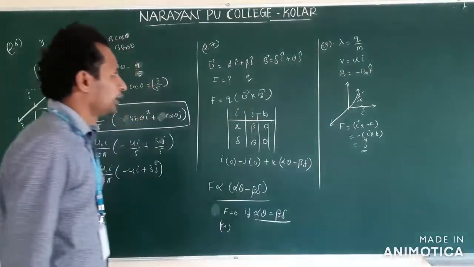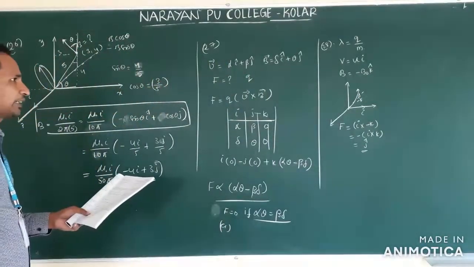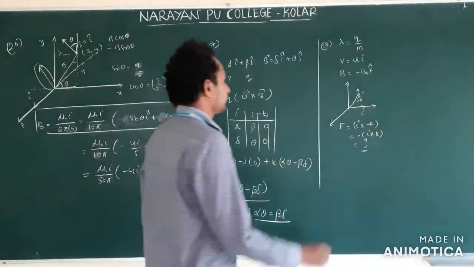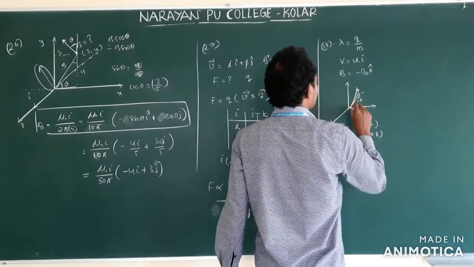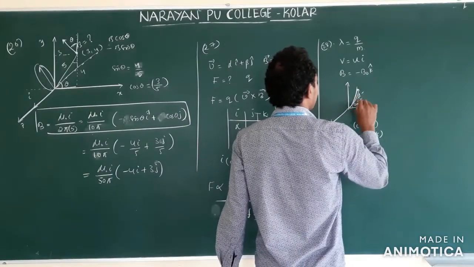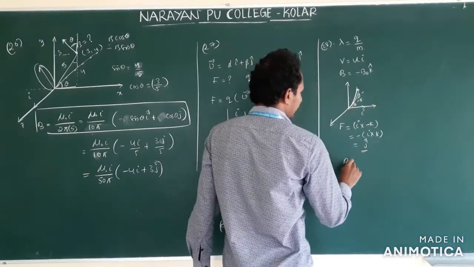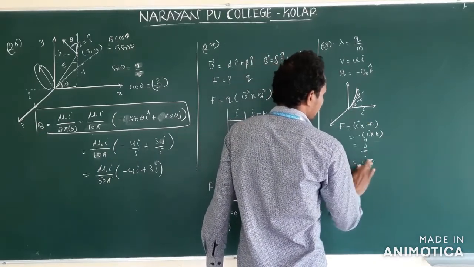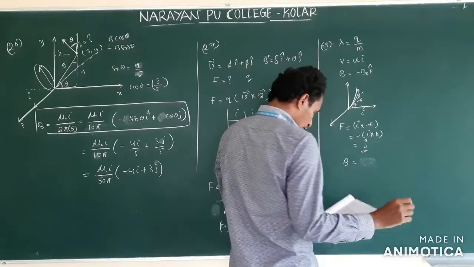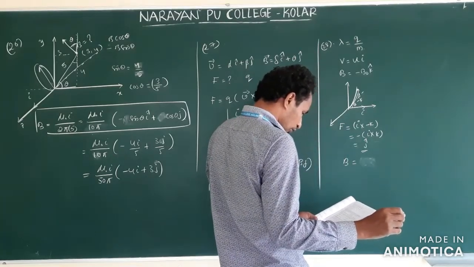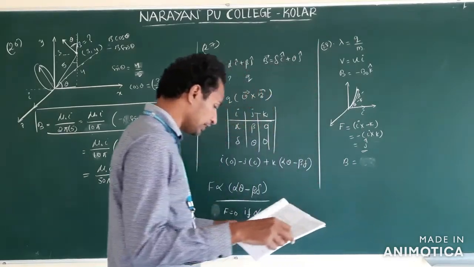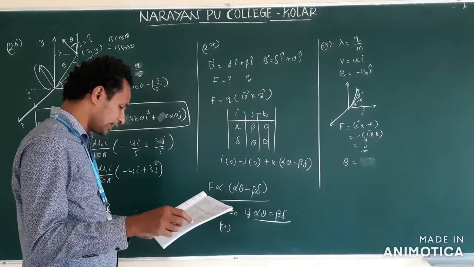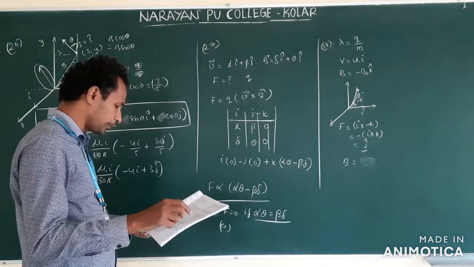Understand? Now, if the velocity makes an angle theta like this, what do we get? Oh, they did not ask the field; they asked the velocity of the particle.